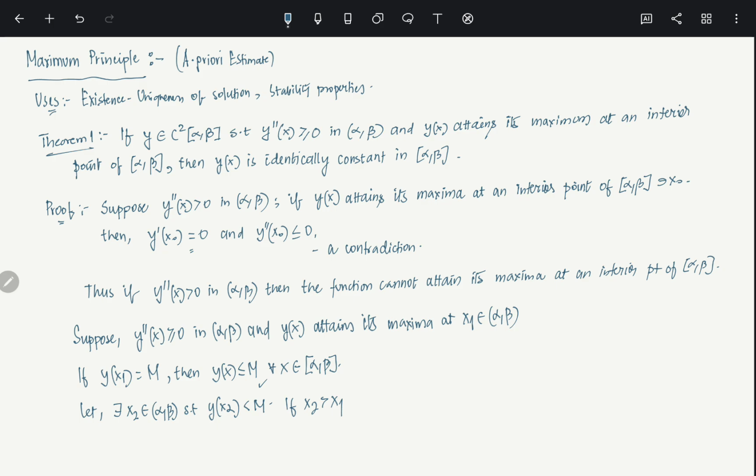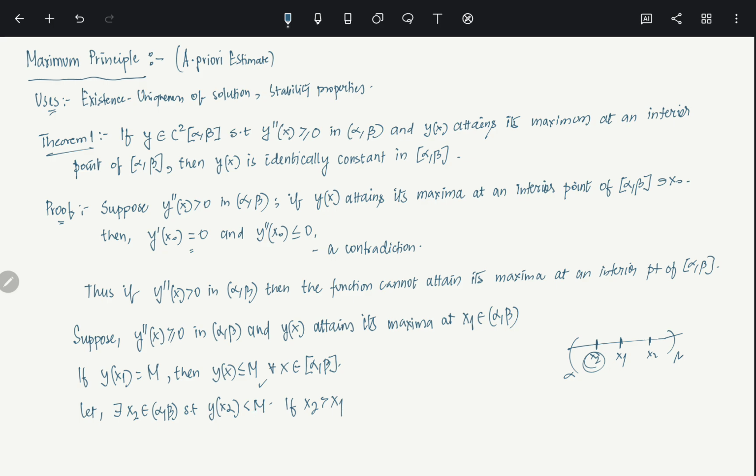Clear? Okay, now see, x1 is here, and y of x2 is less than m. We don't know where x2 is; it can be here or here. Let's say this is alpha, this is beta. But we know there is an x2 such that y of x2 is less than m.